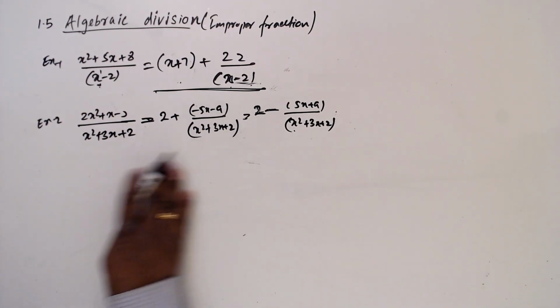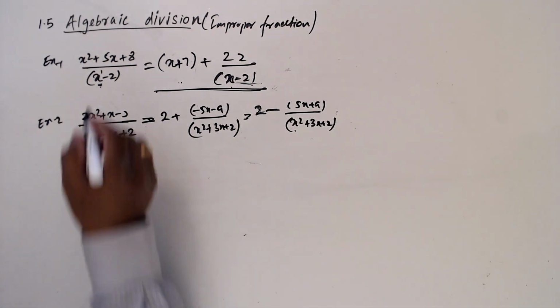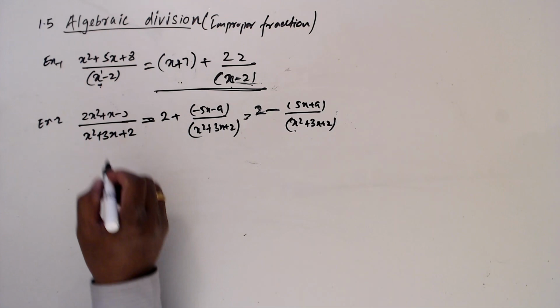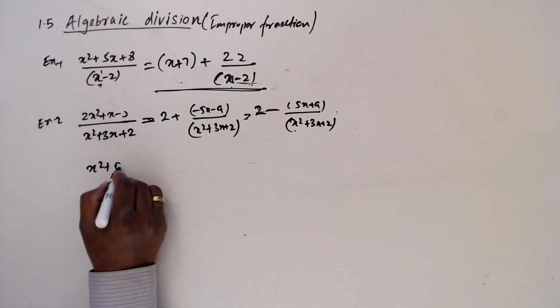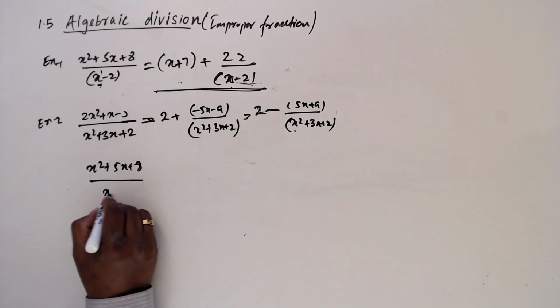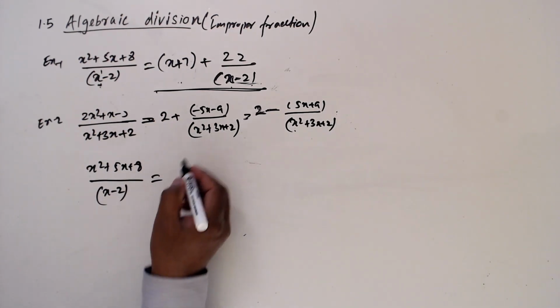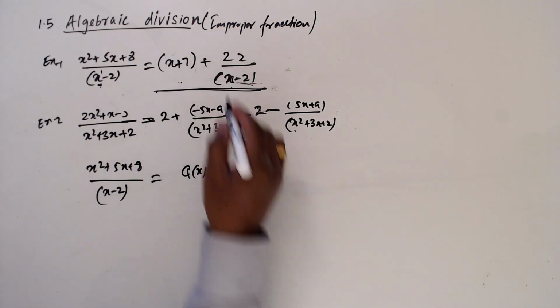So this is algebraic division. Now if I divide x square plus 5x plus 8 by x minus 2, then this is the quotient and this is the remainder.